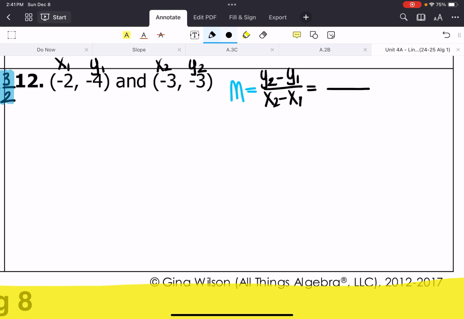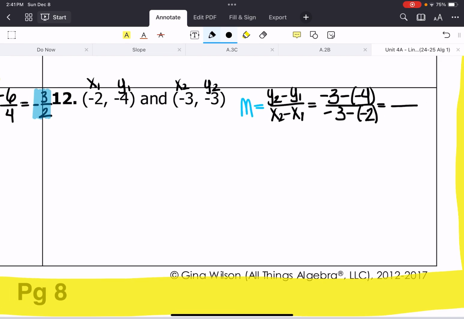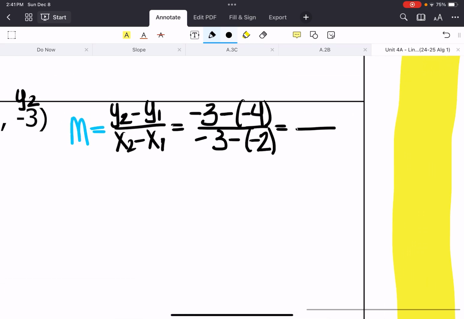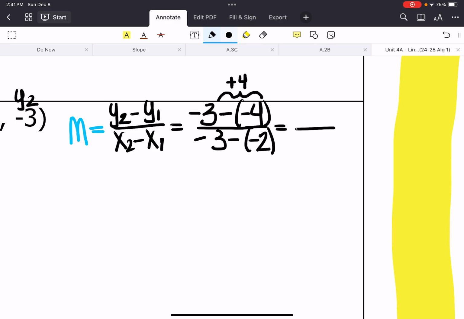Okay, so here y2 is negative 3, and I'm going to subtract y1, which is negative 4. x2 is negative 3, and I'm going to subtract x1, which is negative 2. Notice you're given a double negative. Remember, double negative turns it to positive.